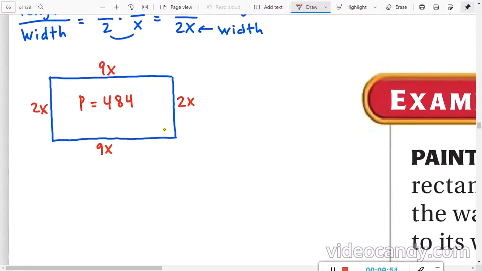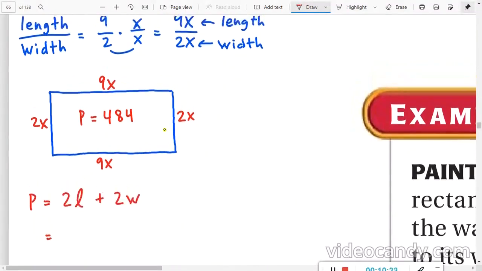And the formula for the perimeter of a rectangle is just 2 times the base plus 2 times the height. Or we did length and width. So instead of base and height, I'll make it length and width. Same thing though. 2 times the length plus 2 times the width.